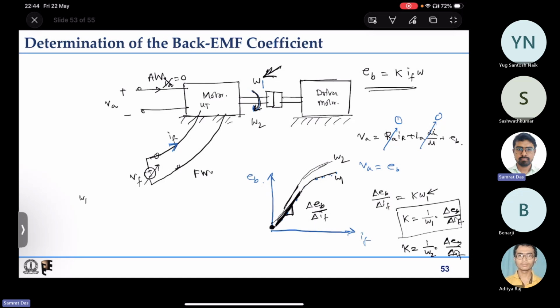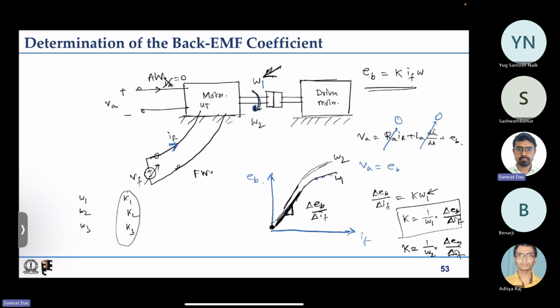So say omega 1 you find some K1, omega 2 you find some K2, omega 3 you find some K3. After doing some experiments, you take all these K values and average them out. That is the most acceptable experimental procedure. Whatever measurements you do, you do a number of them and average them out, so that the experimental errors also get averaged out.